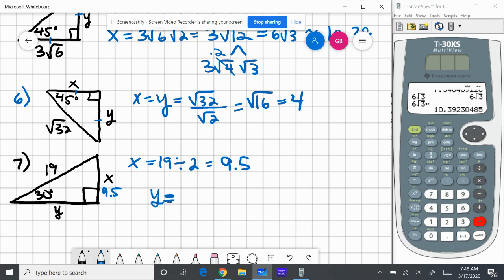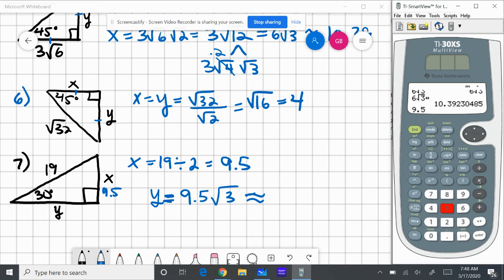And then to find the long leg, take the short leg and multiply it by the square root of 3. So 9.5 times square root of 3 is 16.45.